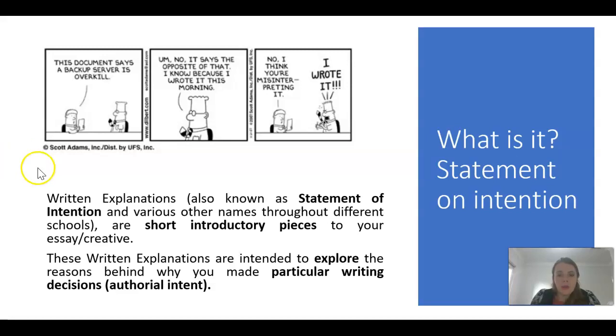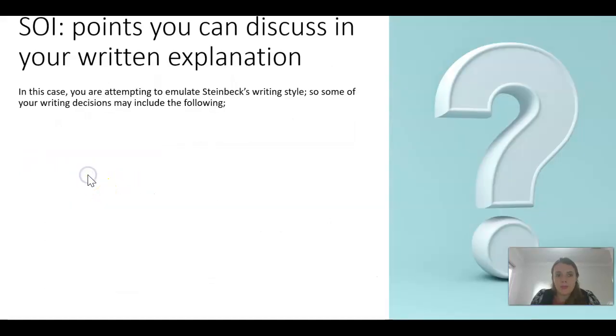Why did you write what you wrote? So there are a range of things that you can include in your written explanation. In Year 9, we're looking at you emulating Steinbeck's style. So you need to be mindful of what Steinbeck did in Of Mice and Men and why you might be trying to do the same thing.